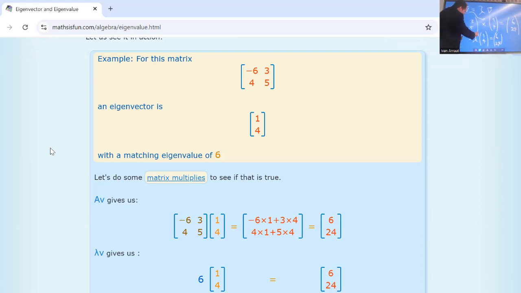So we associate this number 6 to this vector. We say this eigenvector has an eigenvalue equal to 6. Proper values, proper vectors, there is another notation: eigenvalues, or proper vectors, vectores propios in español. Proper vectors, proper values, or eigenvalues, eigenvectors.